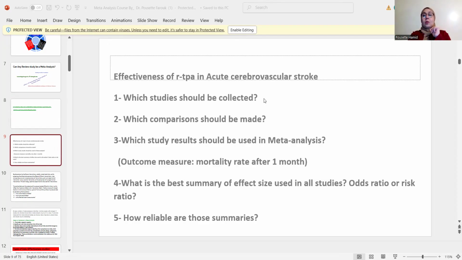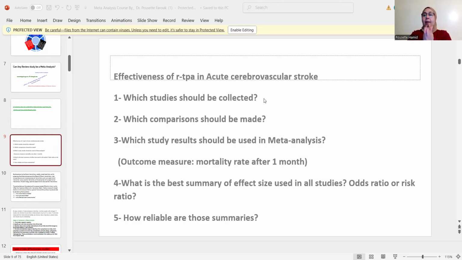Number 2, what comparison should be made? So the first question you should ask yourself is, what comparison should be made? So this comparison is mandatory? Yes. To do a meta-analysis means you must collect randomized clinical trials and you must create a comparison for that. What comparison?